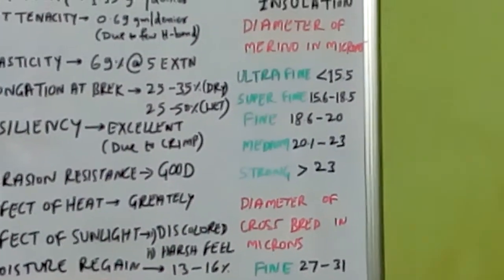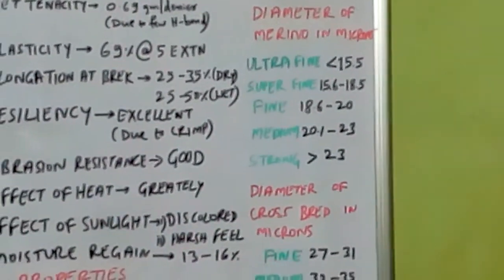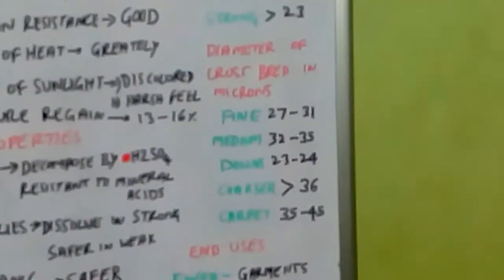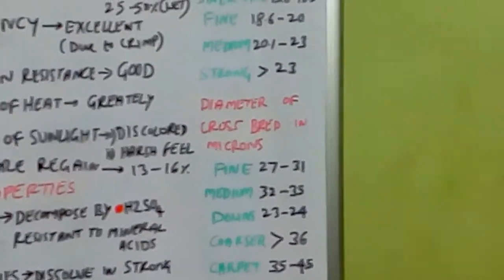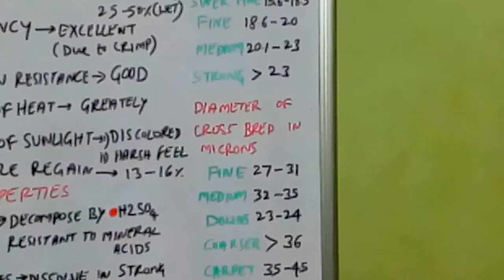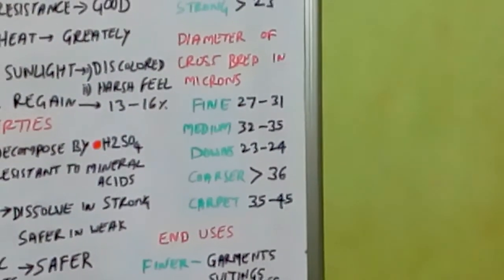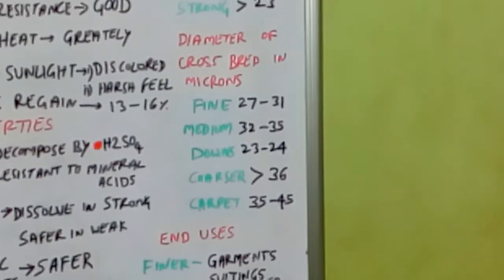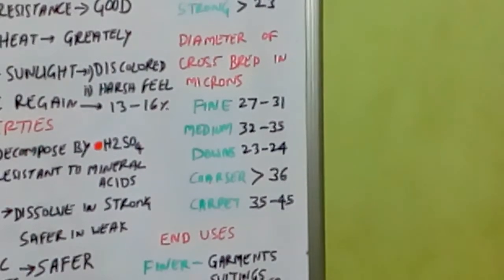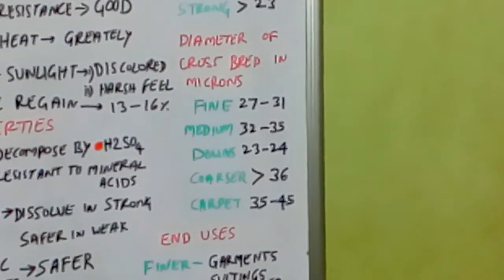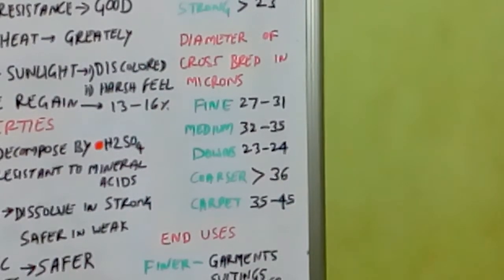This merino is used. Next I have given the comparative microns, the diameter of the crossbred wool. Looking at the fineness, the diameter of the wool used for carpets is 35 to 45 microns.